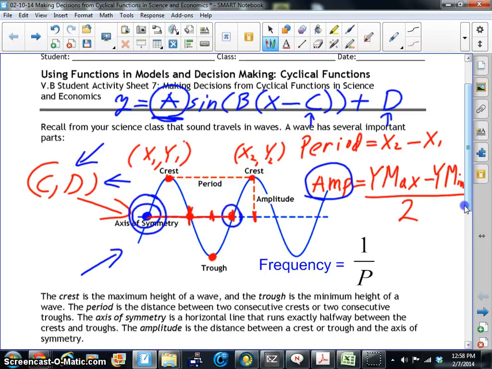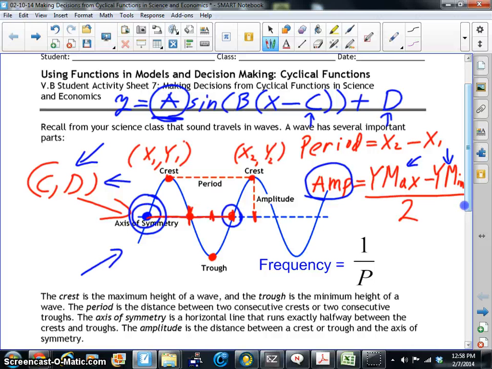We're looking at the distance from D all the way up to the crest. We're only looking at the y coordinates in that case. So we take the amplitude: if we take y max minus y min and we divide that by 2. So whatever that is, we're going to go ahead and take it. And we can get that from the range that we get from this particular thing. We'll explore that in just a few minutes.